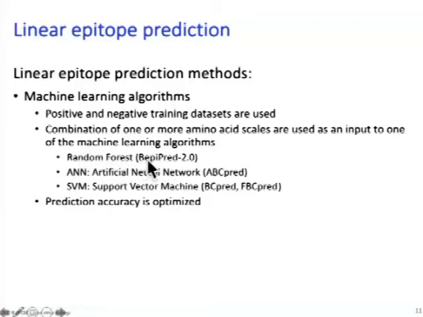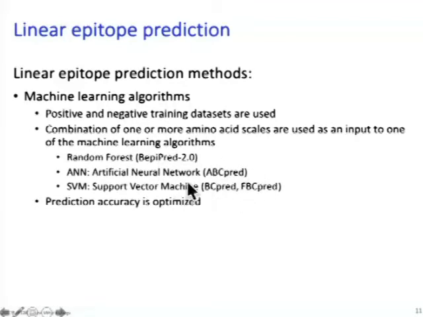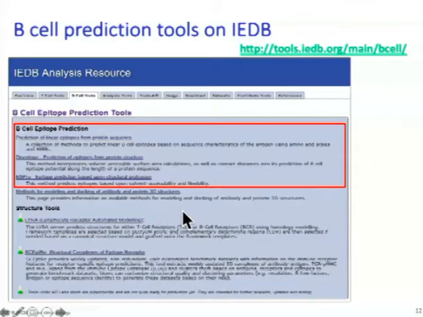The method that we are primarily using is BepiPred, and there are two versions of that, 1 and 2. There have been a number of other methods out there, and I later have some benchmarking data sets. We have not found any improvements over the BepiPred performance by these other methods, so they are not implemented on the IEDB, and they were not easily available for us to implement. The prediction accuracy of these methods is very limited, and I come back to that in a second.